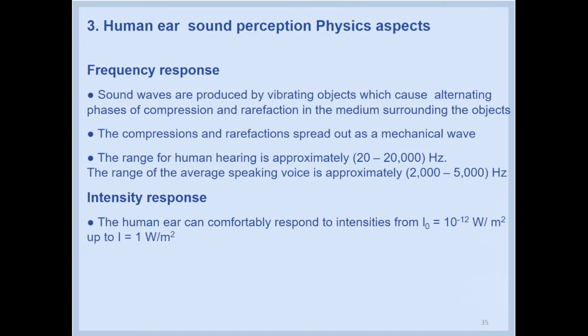The range for human hearing is approximately 20 to 20,000 Hz. The range of the average speaking voice is approximately 300 to 2,500 Hz. And this is just the ear frequency response, intensity response.